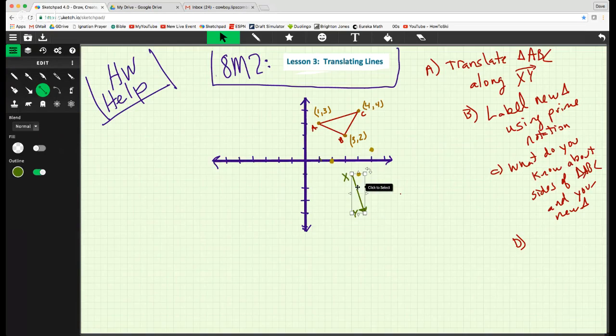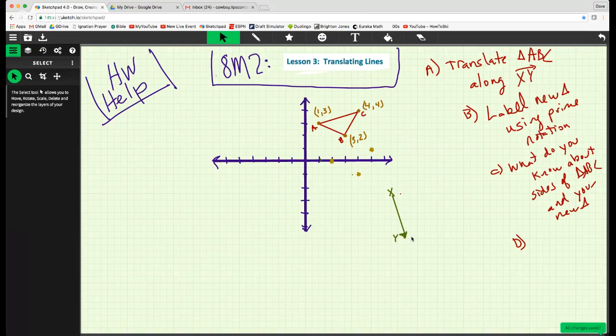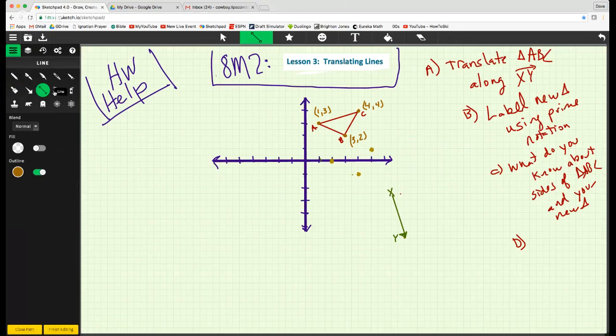We can even move this vector over here. Okay, and there's our new triangle. And let's just draw our new triangle so we can see it. And you can see that it's pretty much the same triangle. It's just translated. Now we've translated it.